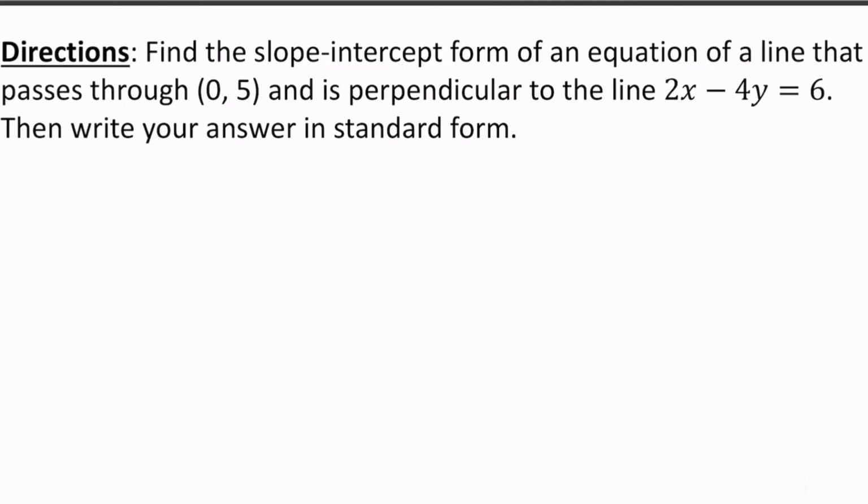Let's take a look at this next example. Directions. Find the slope-intercept form of an equation. That's important because they wanted it in y equals mx plus b form that passes through the point (0, 5). This is awesome because I already know this is going to be the y-intercept because it's (0, 5).